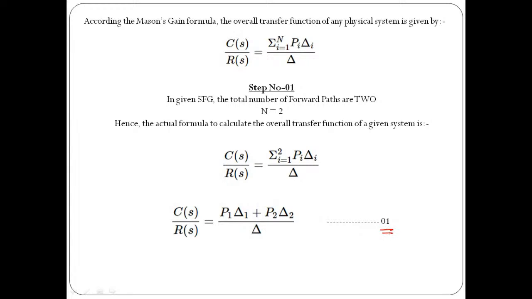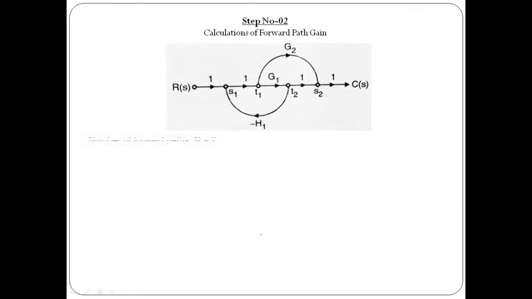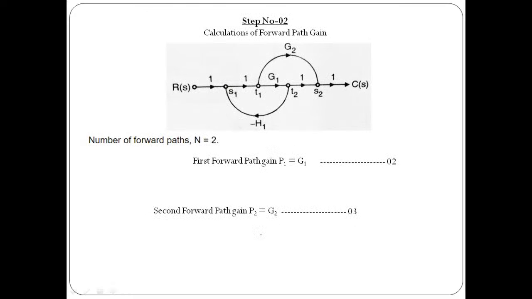This will be equation number 1: p1 into delta 1 plus p2 into delta 2, divided by delta. And then calculate the forward path gains. We have already calculated this, so just note it down. P1 is going to be G1, P2 is going to be G2. Let this be equation number 2 and this be equation number 3.